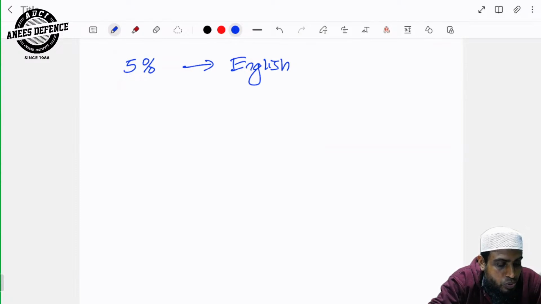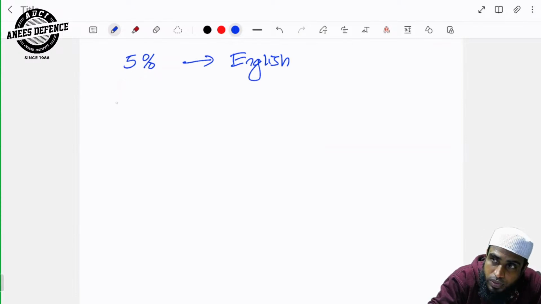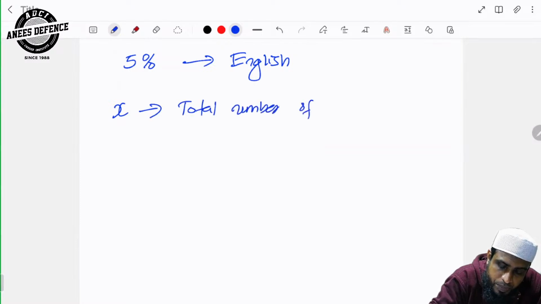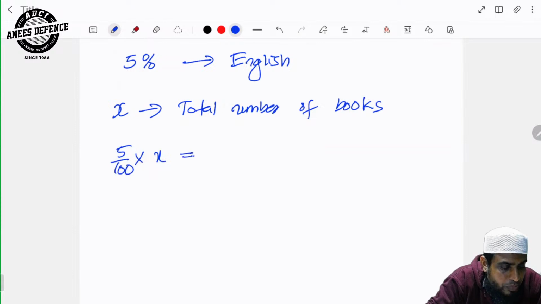In a French library, 5% books are in English. So if the total number of books is x, 5% of the total number of books are in English.